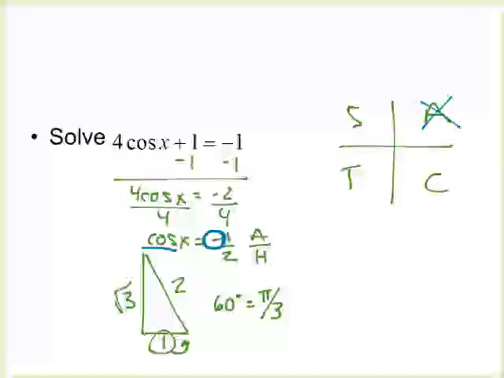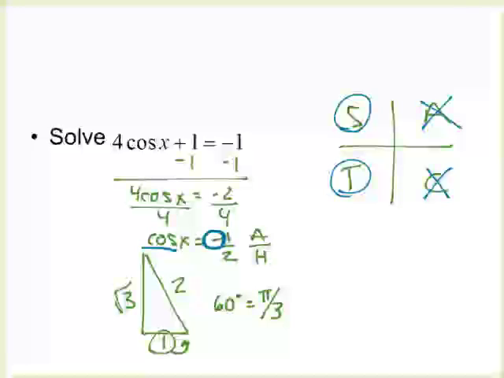It's not going to be A, because A means all are positive, and I don't want a positive answer because my equation says cosine is negative 1/2. And it's not going to be C, because C means cosine is positive, and I want cosine to be negative 1/2. So that means our answers are going to be in the S and T quadrants. There's always two possible answers. Always 2 answers or 4 answers. And we'll come up to 4 answers shortly.